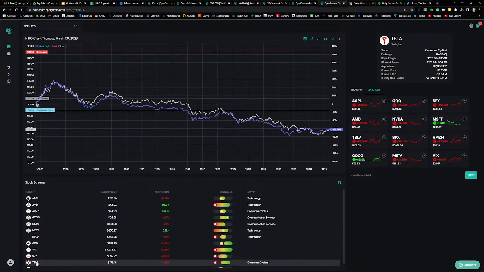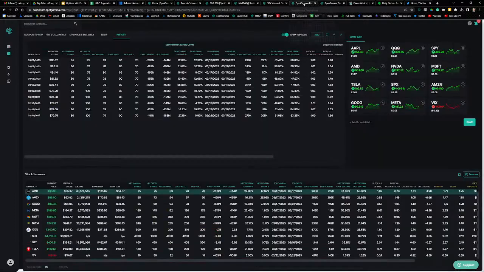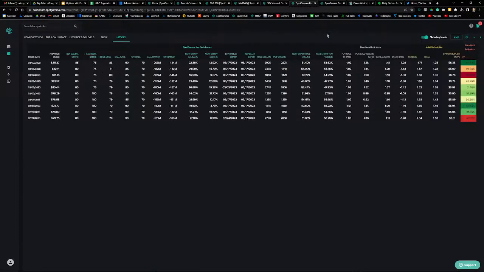Let's go to Tesla, and a couple things I want to point out in Tesla. Let's go to Equity Hub, and actually here, while we're looking at AMD, I want to point out this is the history, showing the 10-day history for these Spotgamma key daily levels. And recall my quick look at the key gamma strike indicated that key gamma strike increased for AMD and NVIDIA.